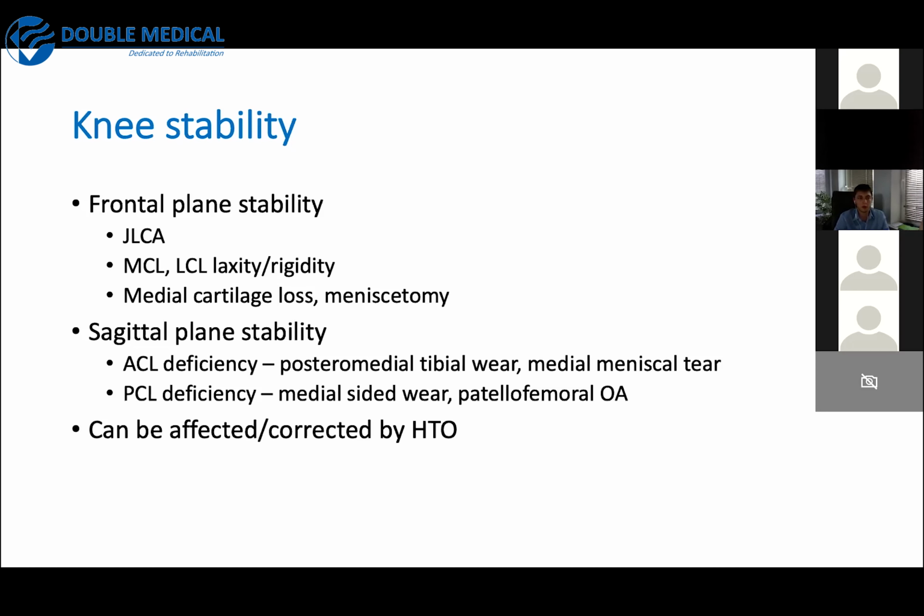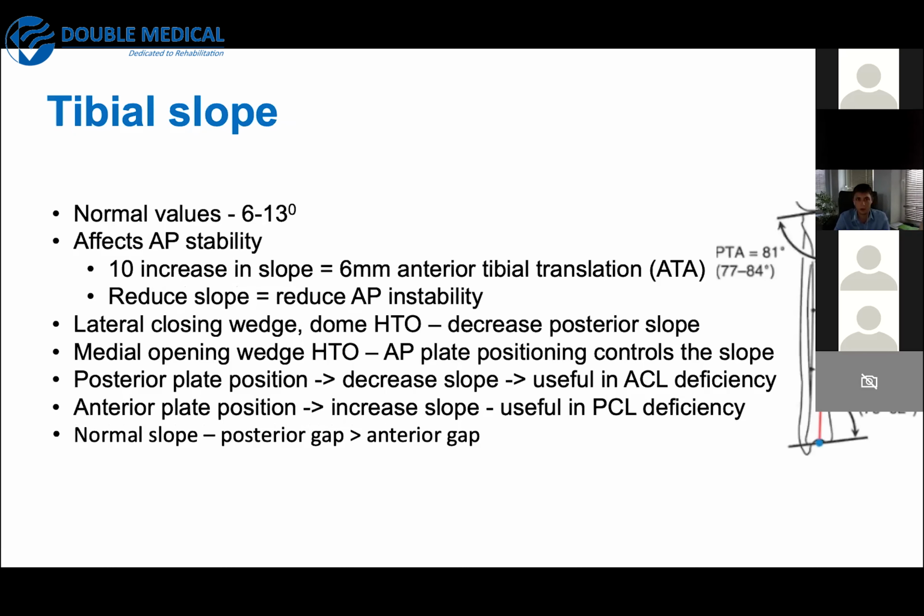And it's very important to assess cruciate ligament deficiency, because it may have an influence on the prognosis. What is more important, it may be affected and corrected by high tibial osteotomy if we understand the concept. We need to remember about the tibial slope. The normal value is 6 to 13 degrees of posterior tilt.